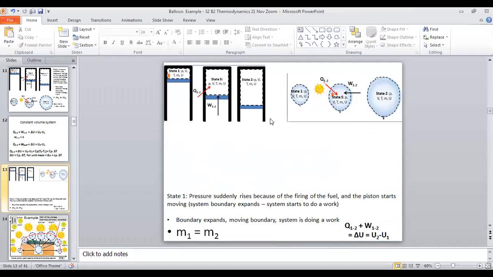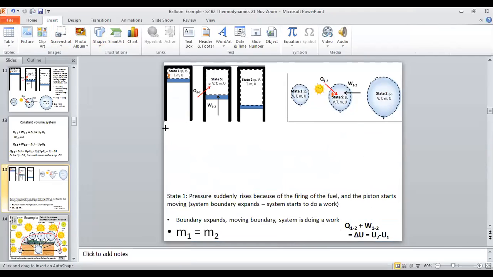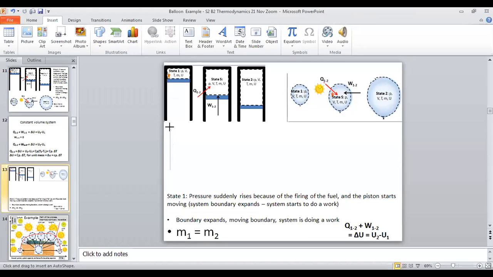Now, let's say we need to think of the expansion this way.